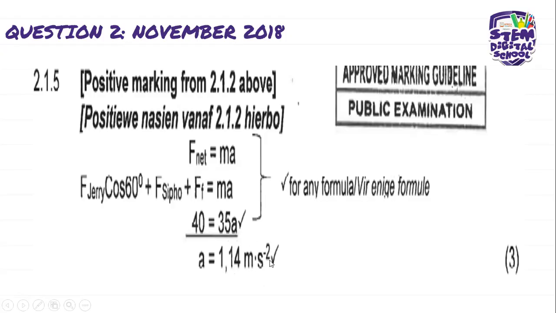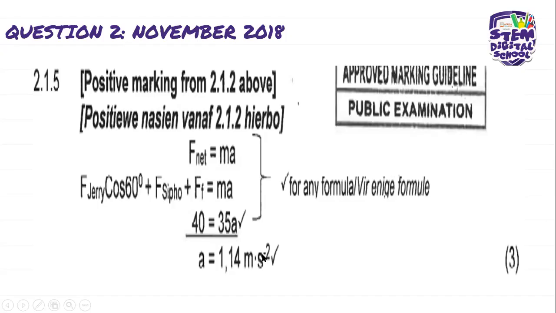Remember, with acceleration, the units are meters per second squared. What you need to also remember is that you must have a dot there. Some of the learners will be writing ms to the negative 2, right? That is incorrect. It must be meter per second squared. So the dot must be there.